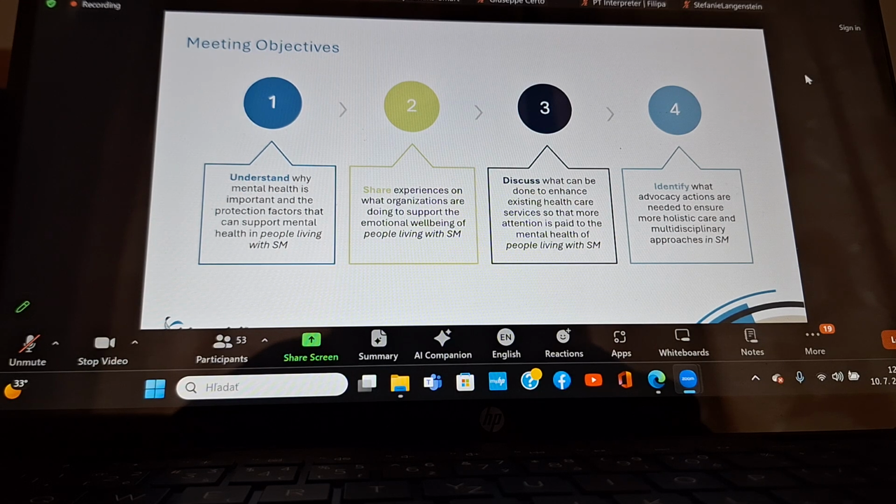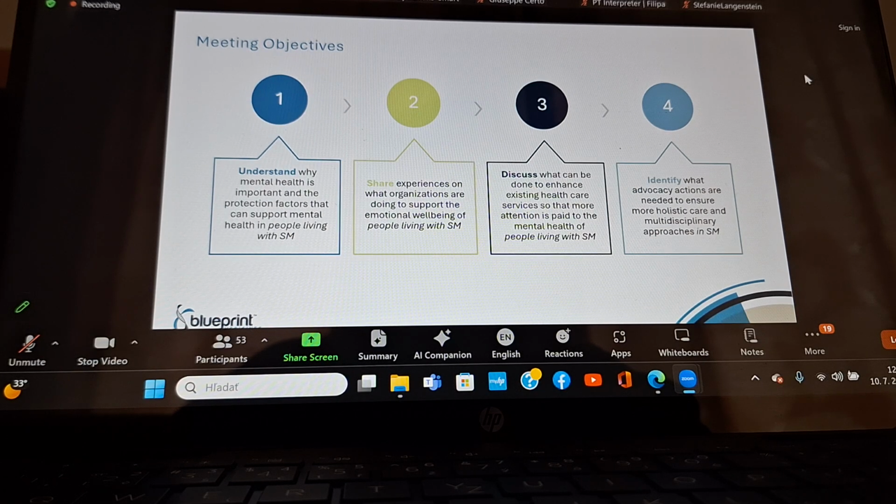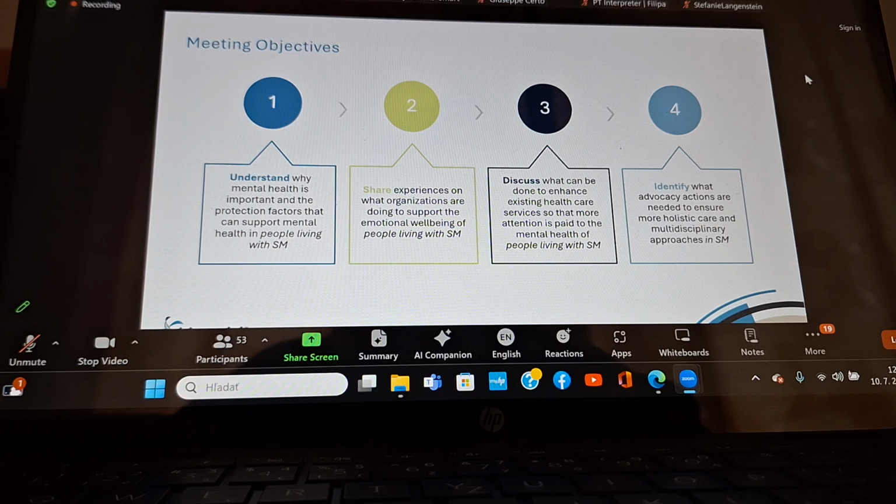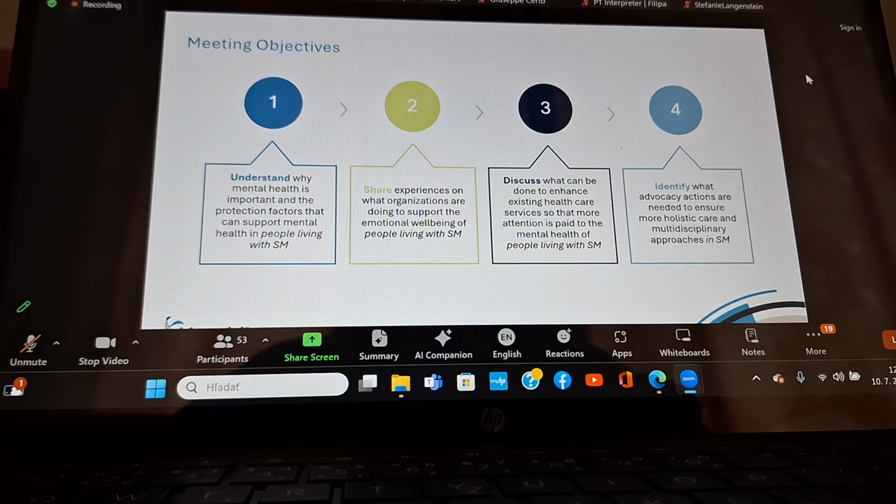We also want to discuss together what can be done to improve the support that patients and caregivers are receiving across different countries. And then we finally want to end the meeting by identifying a couple of actions that can be developed together to overcome those challenges.